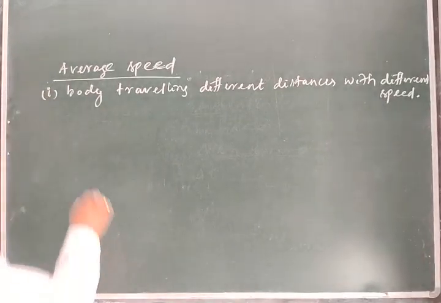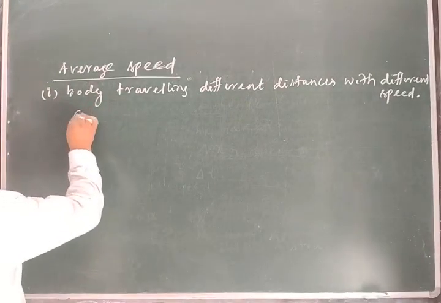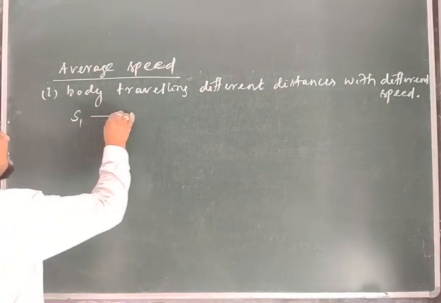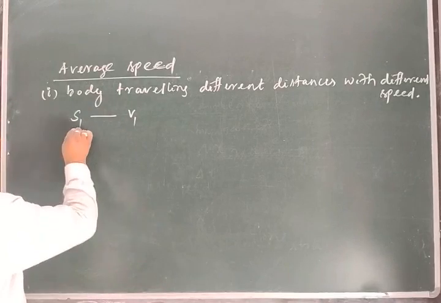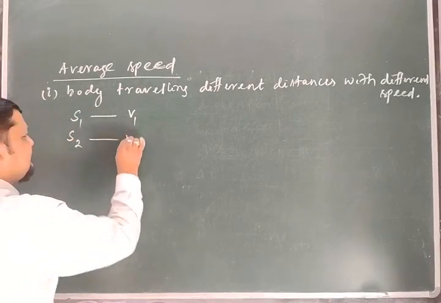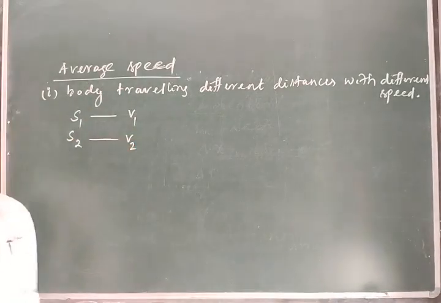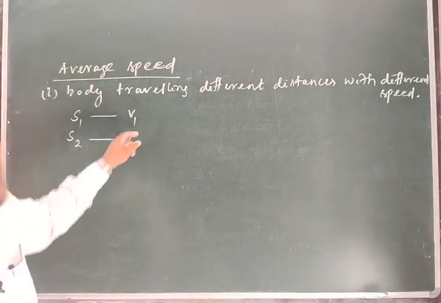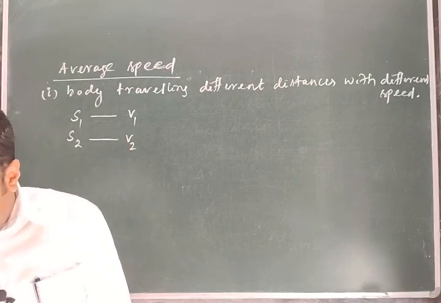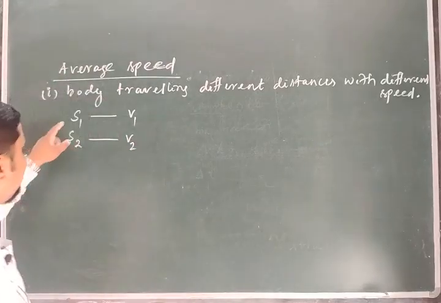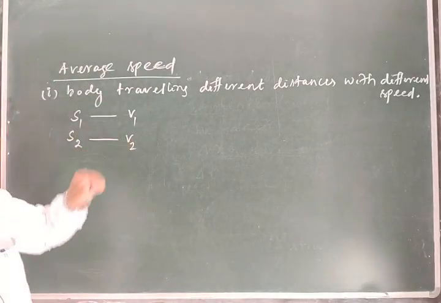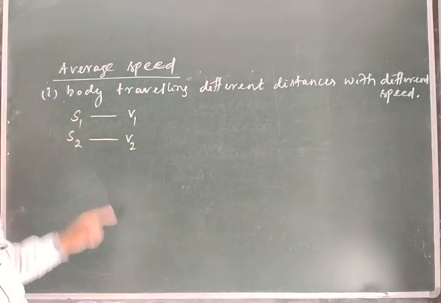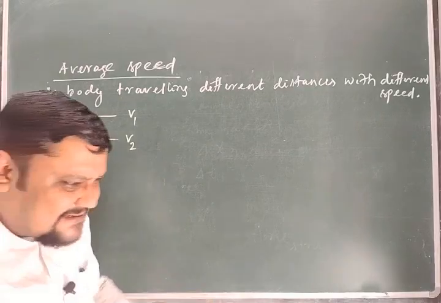Let a body travel a distance s1 with a speed v1 and another distance s2 with a speed v2. So the body travels different distances s1 and s2 with different speeds. This is a case like that.